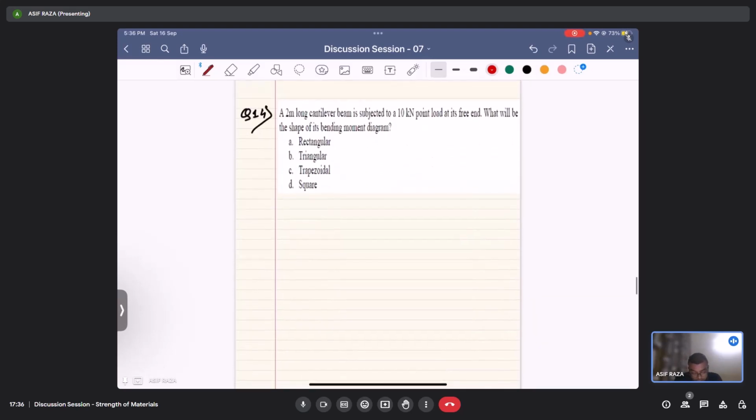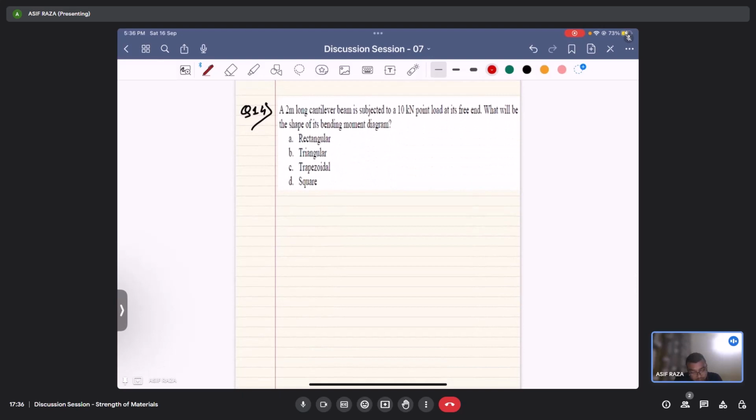A 2-meter long cantilever beam is subjected to a 10 kilonewton point load at its free end. What will be the shape of its bending moment diagram? Let's draw this quickly. So there's a cantilever beam with 2-meter length. 10 kilonewton load is acting at the free end.